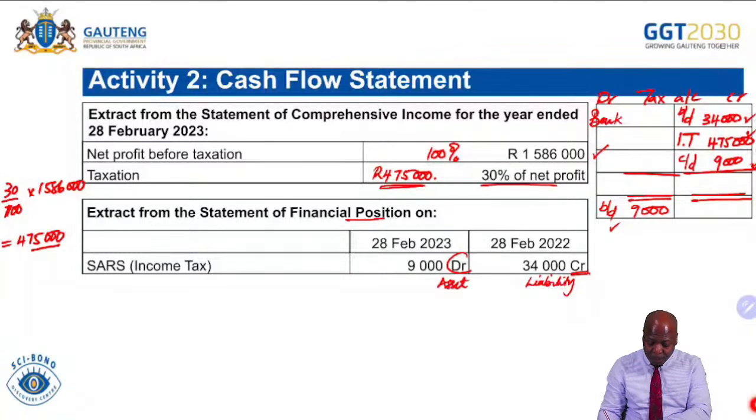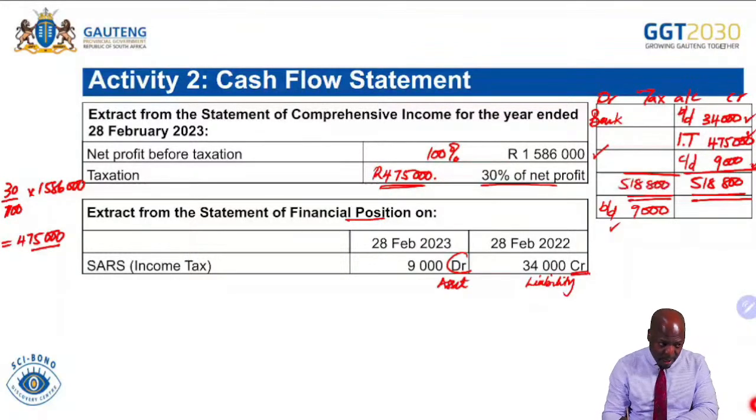How much is the total? All right, can you say it again? You have 518,800. That therefore means that is what becomes my bank here, 518,800. This becomes the tax that was paid.